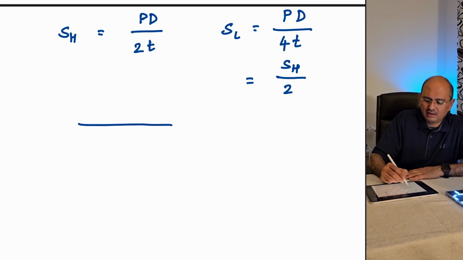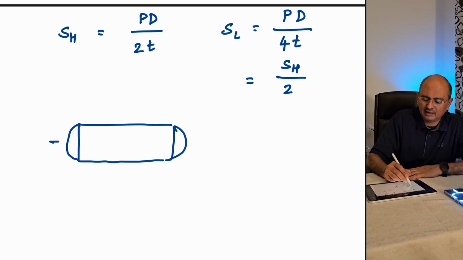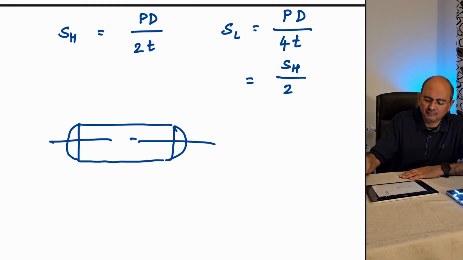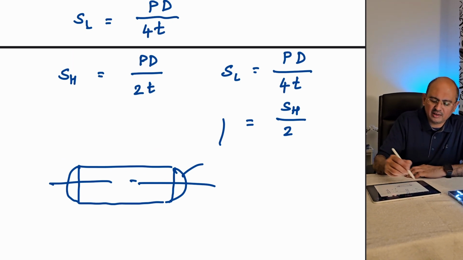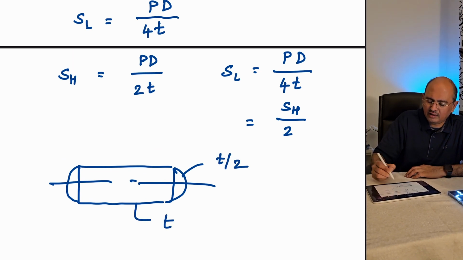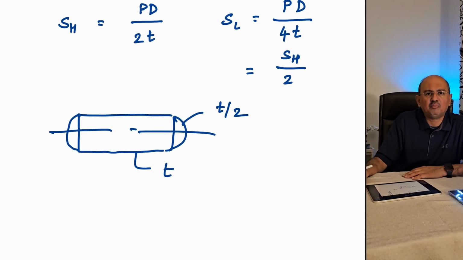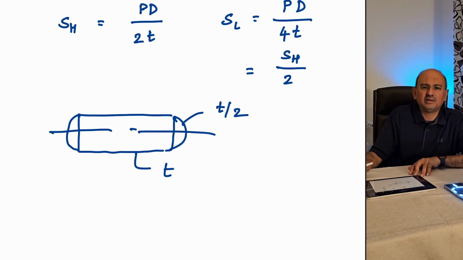So if I draw a vessel here or an LPG carrying tanker on the truck, the thickness of the dished end will be approximately T by 2 if the shell is of T. So this is the kind of application in day-to-day industry where the thickness is minimized.